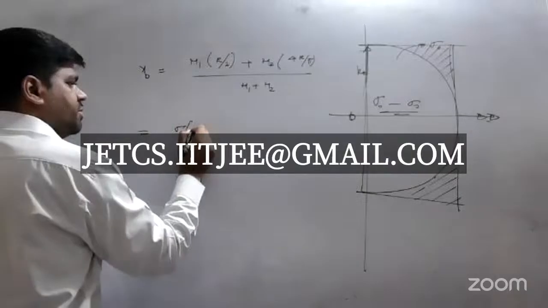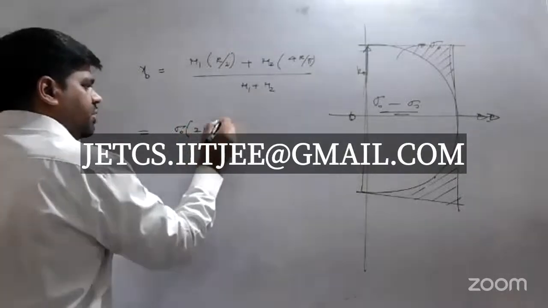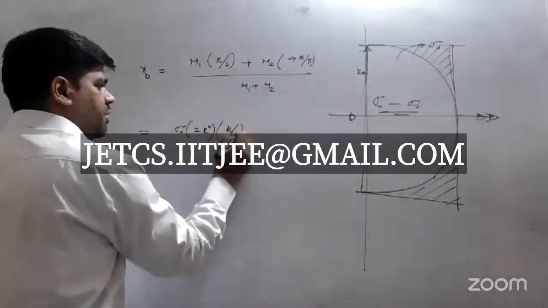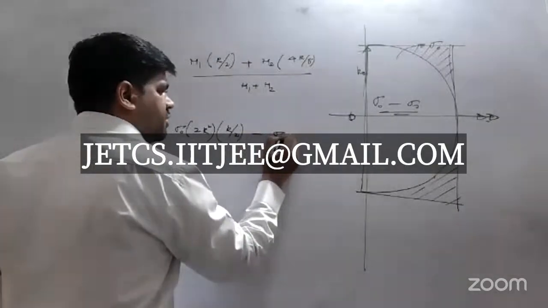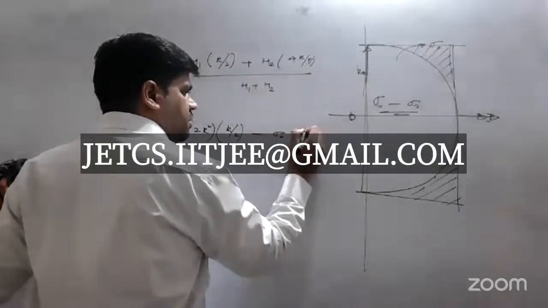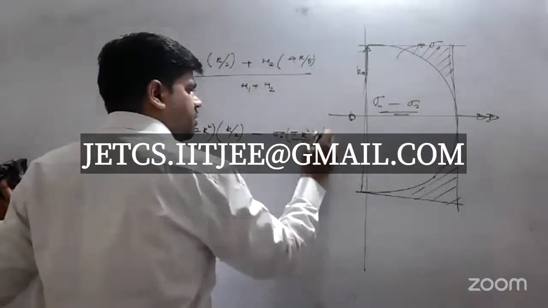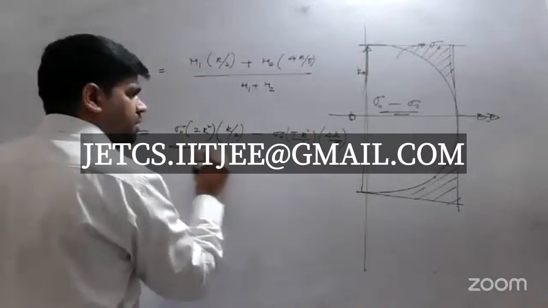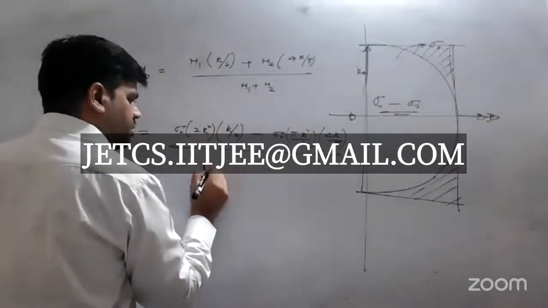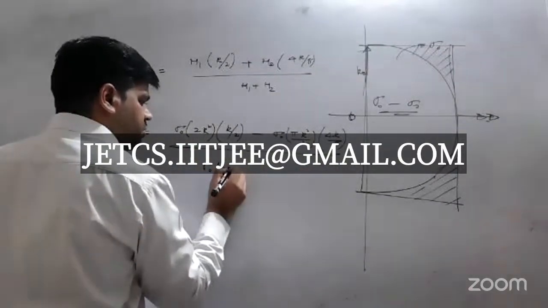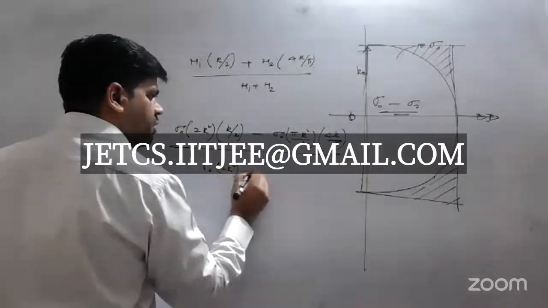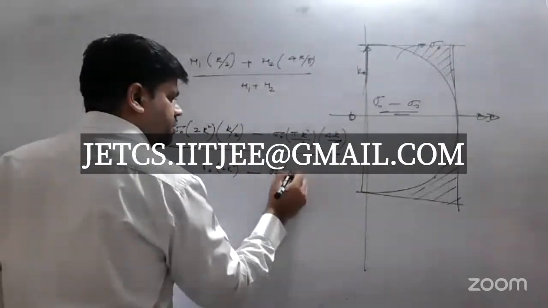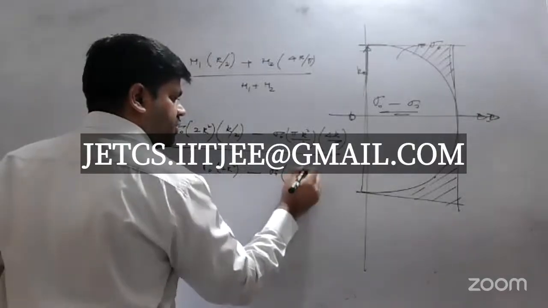Sigma naught times 2r square into r by 2 minus sigma naught times pi r square by 2 times 4r by pi, by sigma naught times 2r square minus sigma naught times pi r square by 2.